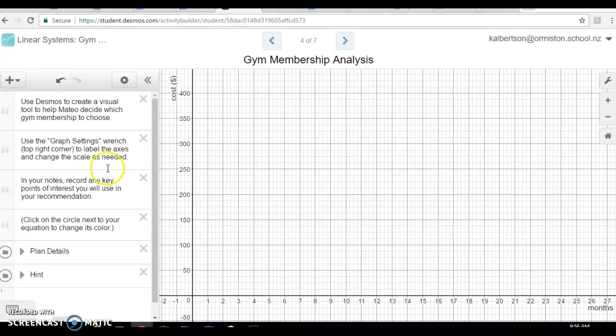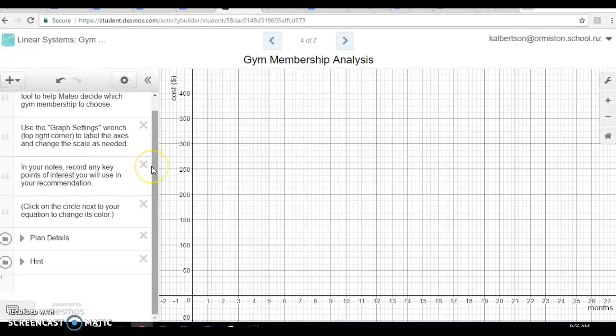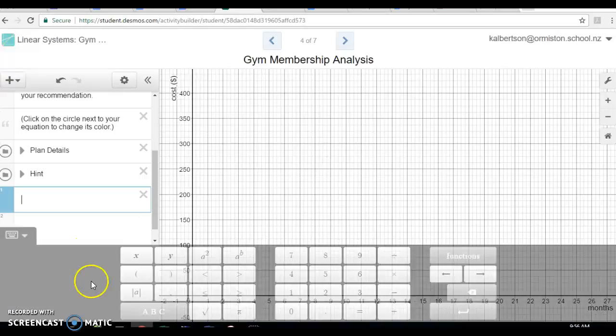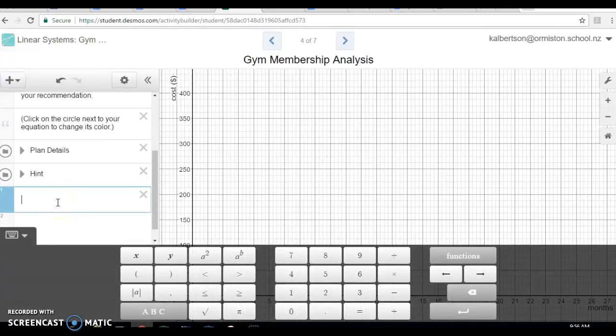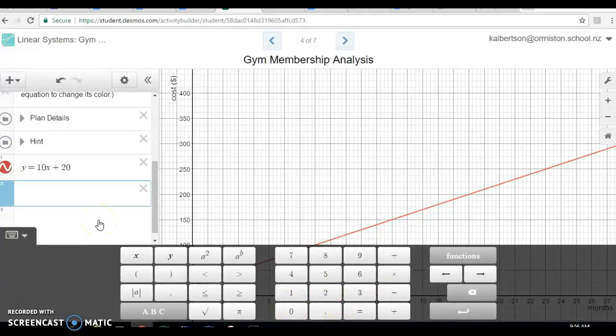Okay, our first equation says that it's $10 per month and a $20 setup fee. So if I'm going to write that as an equation, I'm going to have to write y equals 10 times the number of months plus a setup fee of $20. Okay, so that's my first one, my red one.